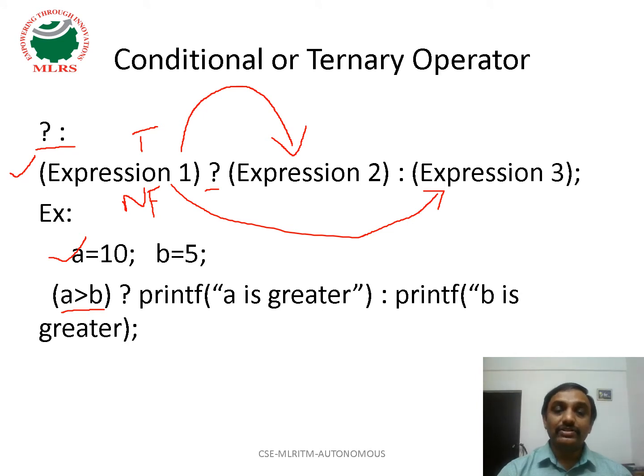So it is true, then automatically the expression present between the question mark and colon is executed. That is, "a is greater" is printed. If expression 1 is true, only expression 2 is executed. If expression 1 is false, only expression 3 is executed.